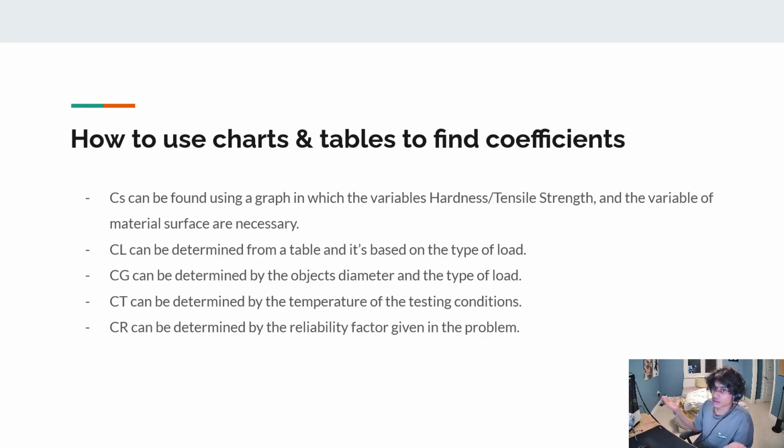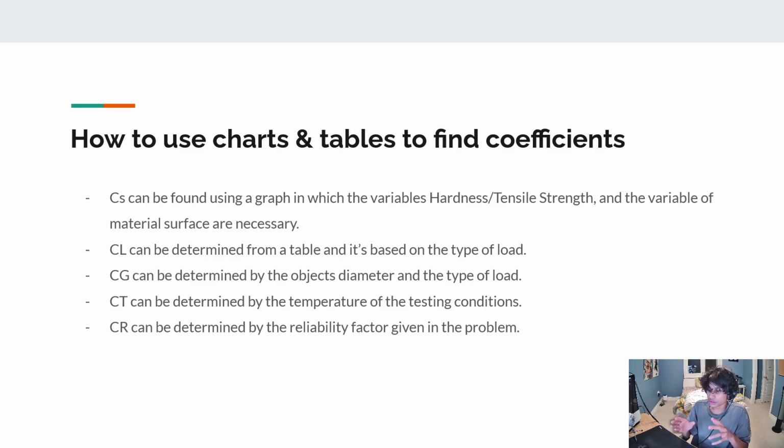So next topic here is how can we use charts and tables to find these coefficients? Well, glad you asked. CS can be found using a graph in which the variables hardness, tensile strength, and the variable of material surfaces are necessary. And basically, this graph was actually seen on our midterm a couple days ago.